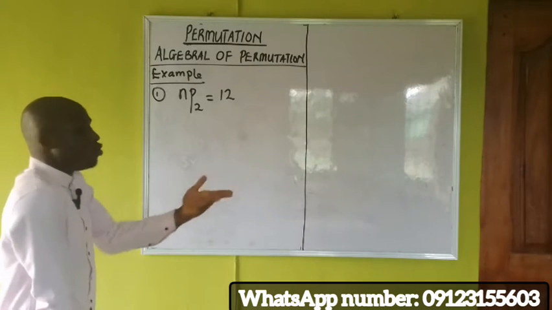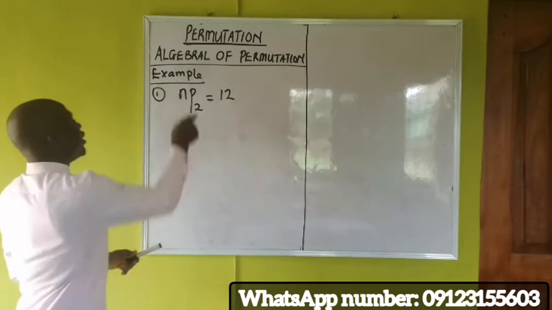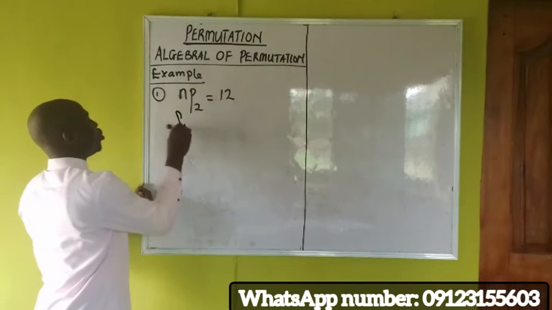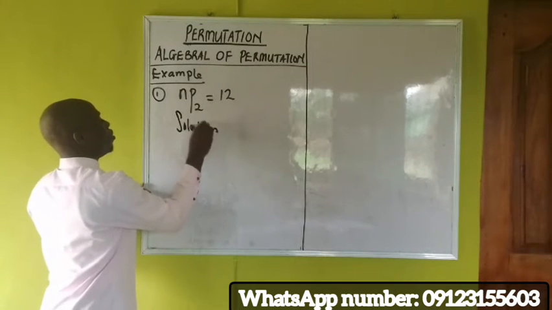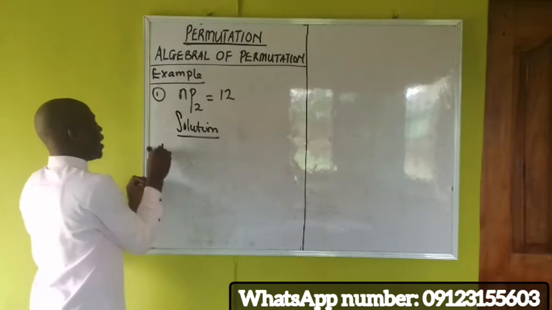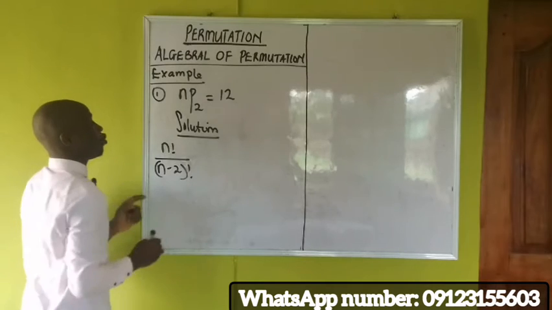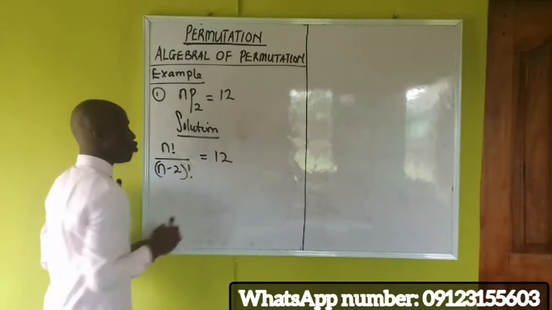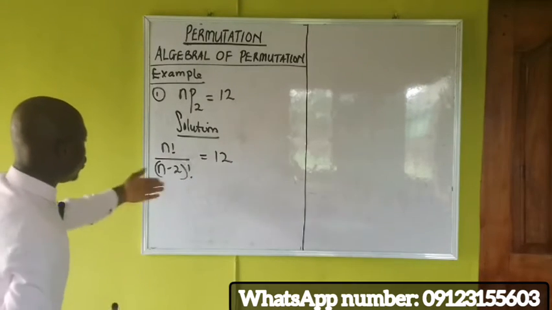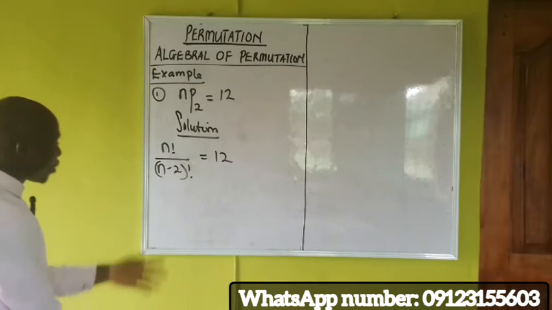From the idea of permutation, this can be written as what? Solution. n factorial over n minus 2 factorial is equal to 12. Right? At this point, please listen.